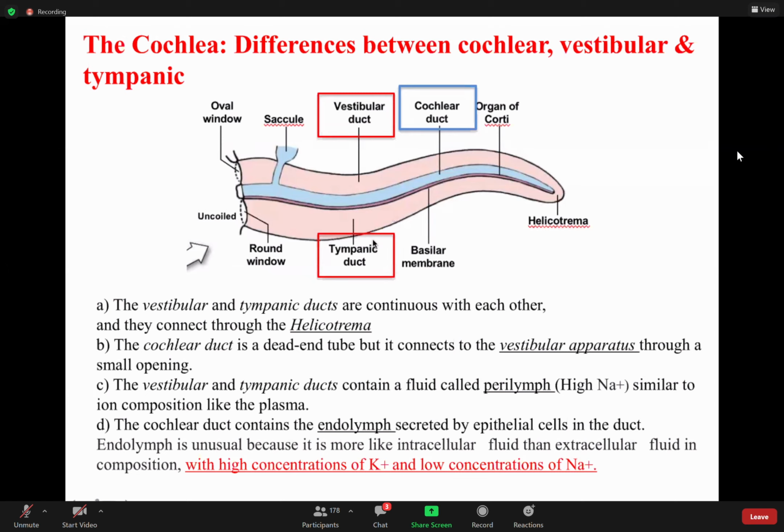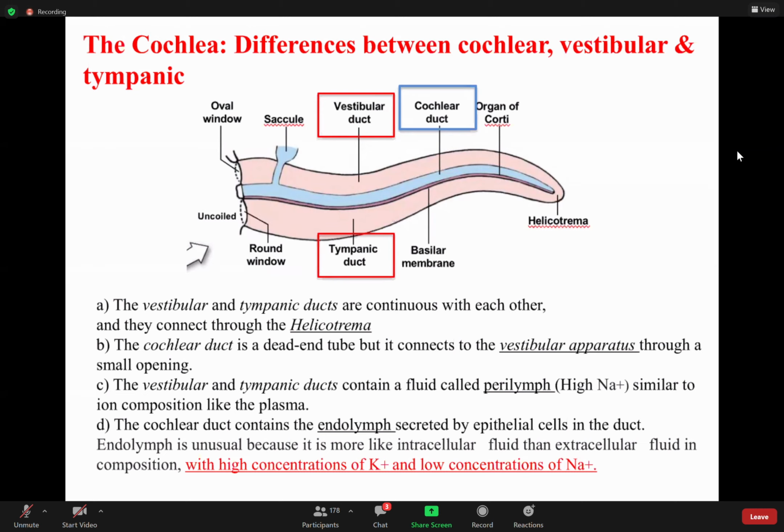One essential difference between these two cochlear systems is that although the vestibular and tympanic ducts have the perilymph, which has a high concentration of sodium, the endolymph in the cochlear duct has a higher concentration of potassium and lower concentrations of sodium.